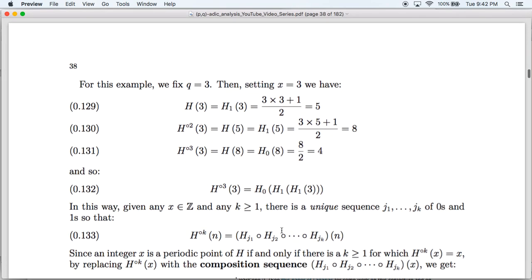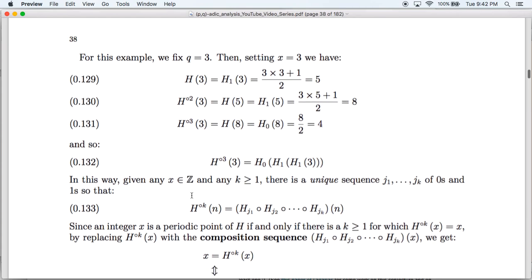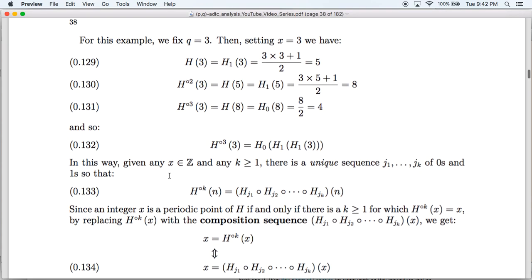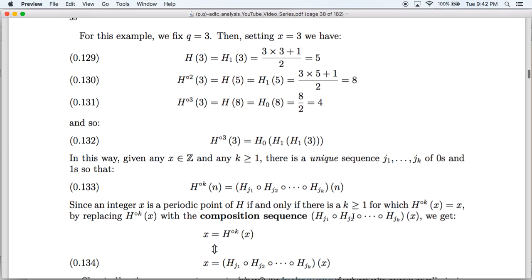In this way, given any x, there is a unique sequence of j's such that the kth iterate of x is equal to this sequence applied to x.